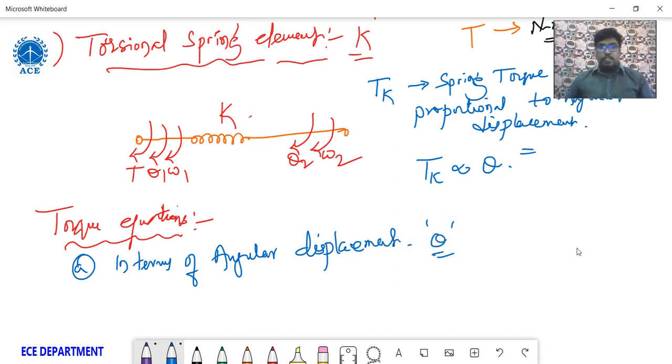So what are the units for the torsional spring element?